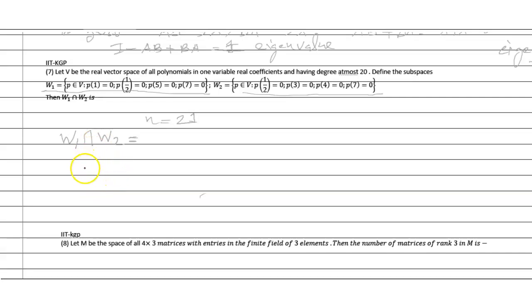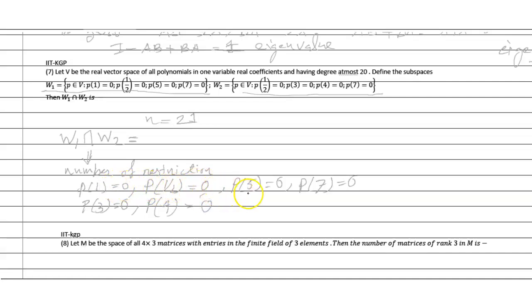So the number of restrictions: P1 equals 0, P half equals 0, P5 equals 0, P7 equals 0, P3 equals 0, and P4 equals 0.